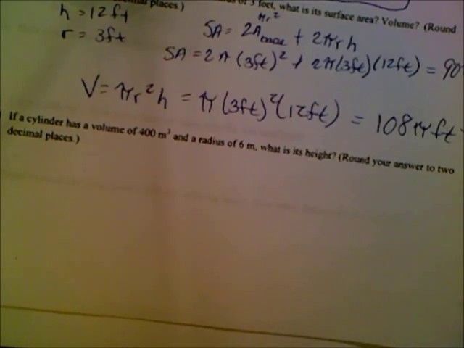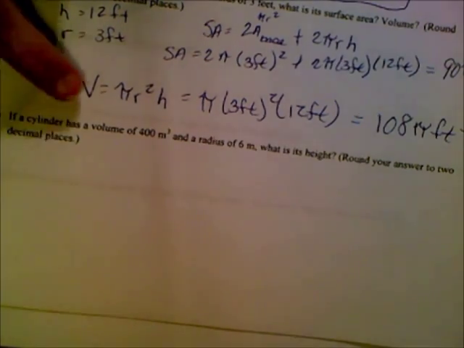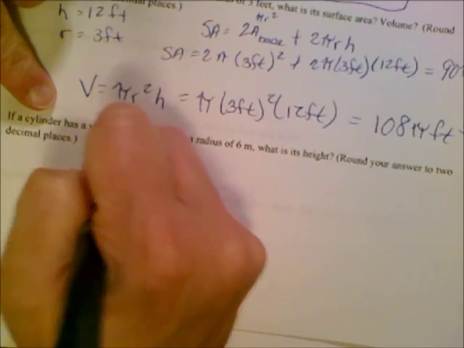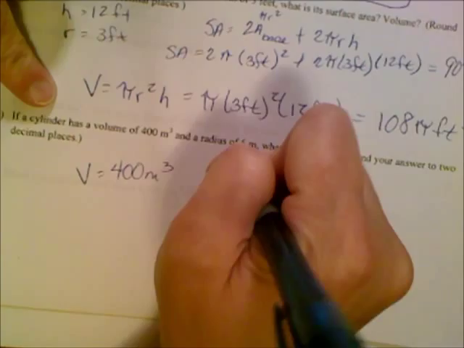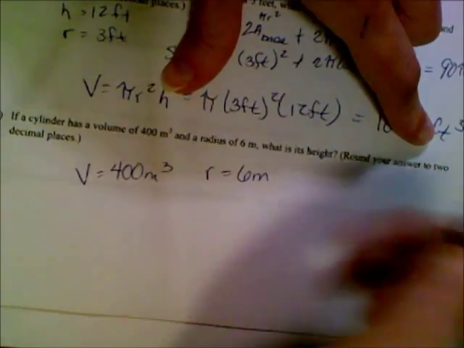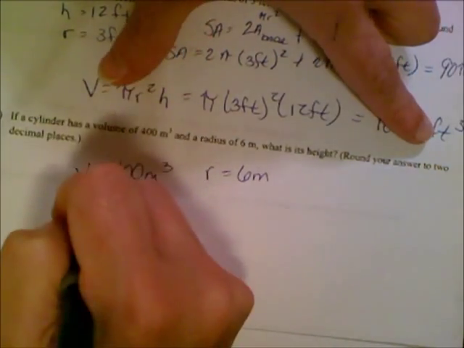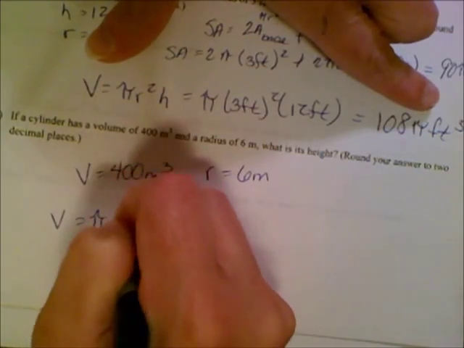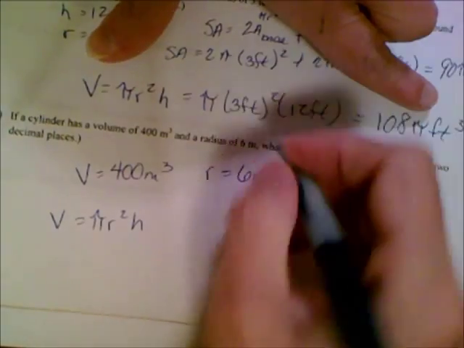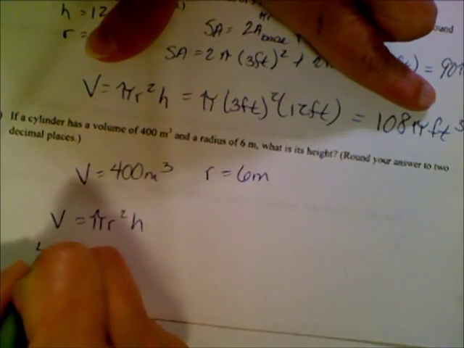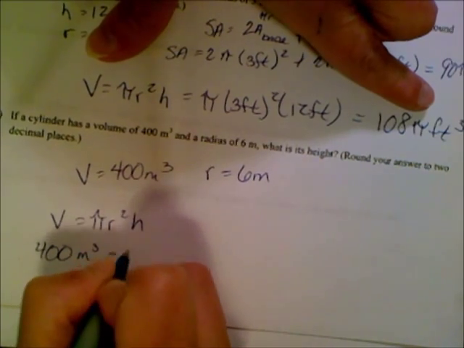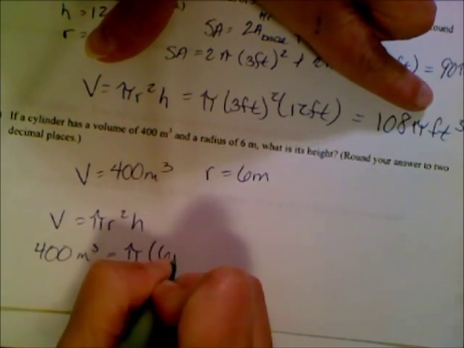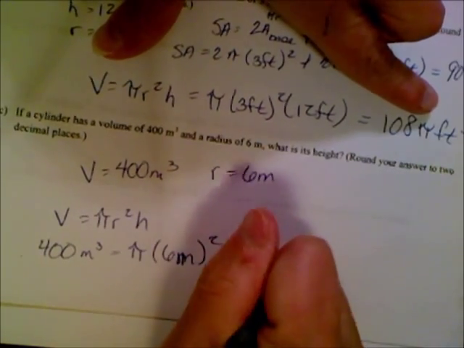If I know that the volume of a cylinder is 400 meters cubed and the radius is 6 meters, what is the height? Well, the volume of a cylinder is pi r squared h, right? So I know that 400 meters cubed equals pi times 6 meters squared times h.